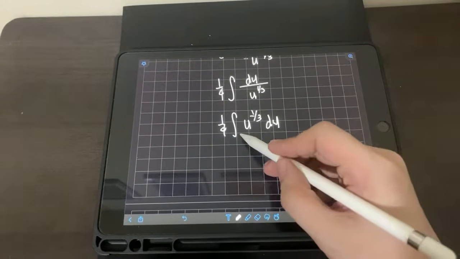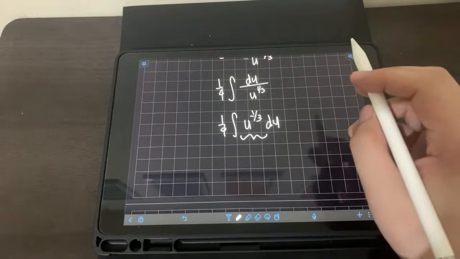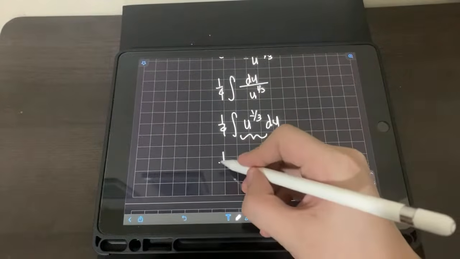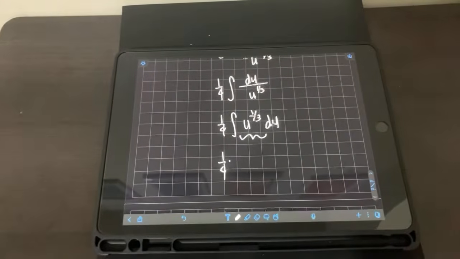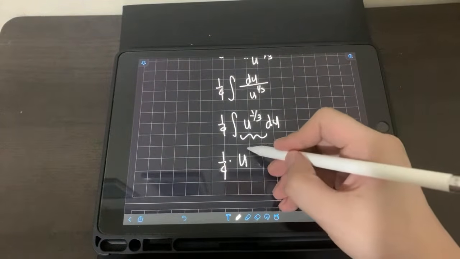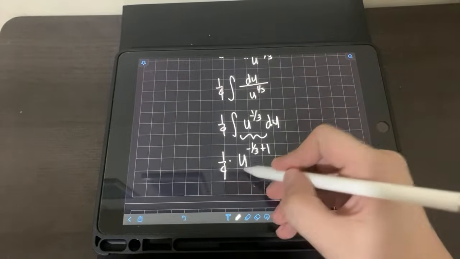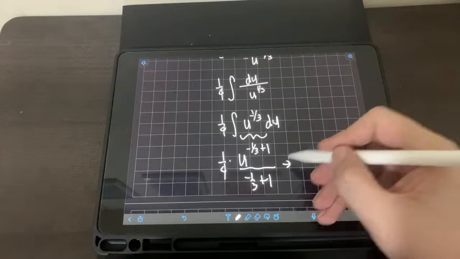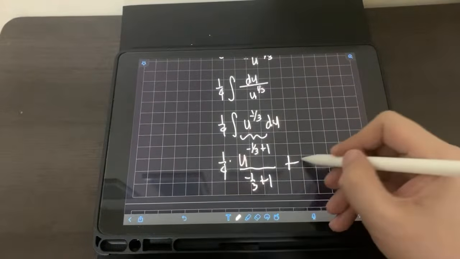So, you can now evaluate the integral by applying the power rule. Okay? Your n is negative 1/3. So, you have 1/4 times u raised to negative 1/3 plus 1, over negative 1/3 plus 1, plus c.